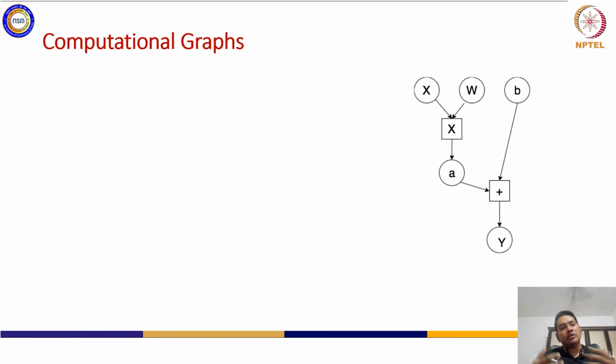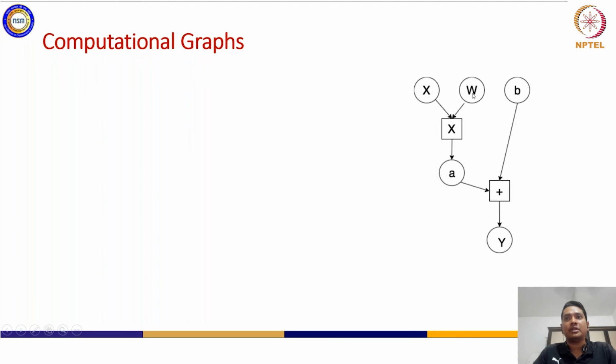Now, while working with neural networks, mostly from the deep neural networks perspective, computational graphs are very, very important. Computation graphs are essentially the graphs which define the neural network operation. So here X is the input tensor, W is your input weights.